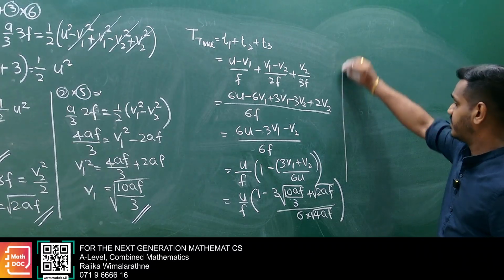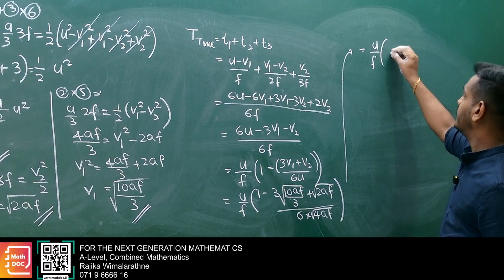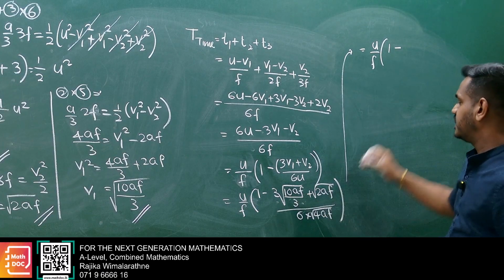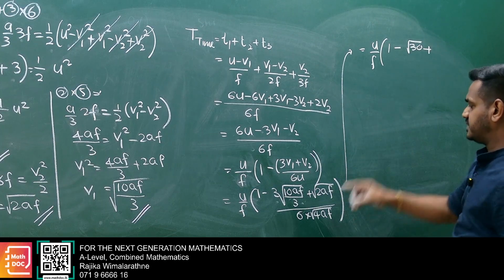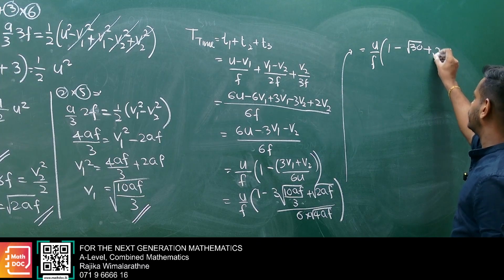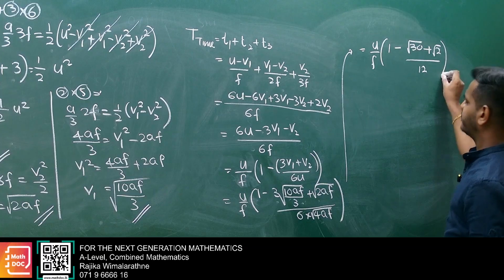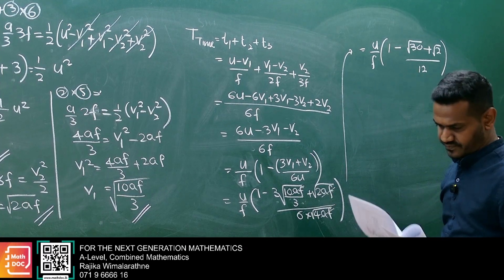Okay. U over F times 1 minus, here 30, plus here root 2, and here 12. Cancel the AF term and AF term.